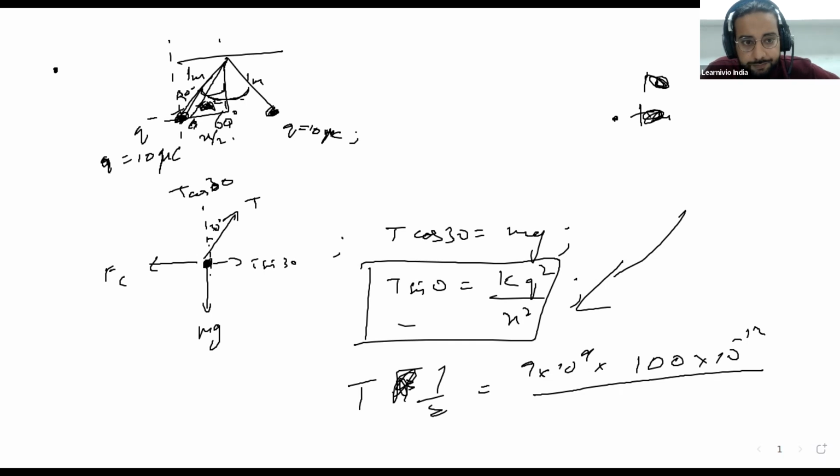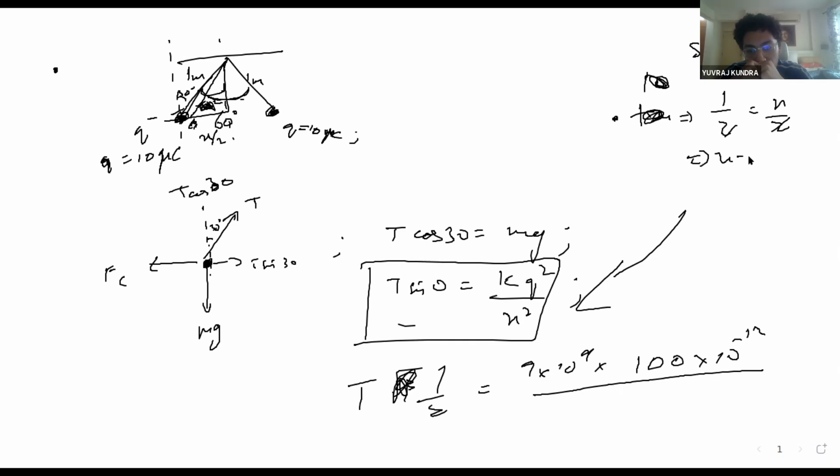So you have sine theta, or sine 30 degrees, equal to x over 2L, and L is 1. So x over 2, and sine 30 is 1 by 2, correct? So x is also just equal to 1. That's lovely.